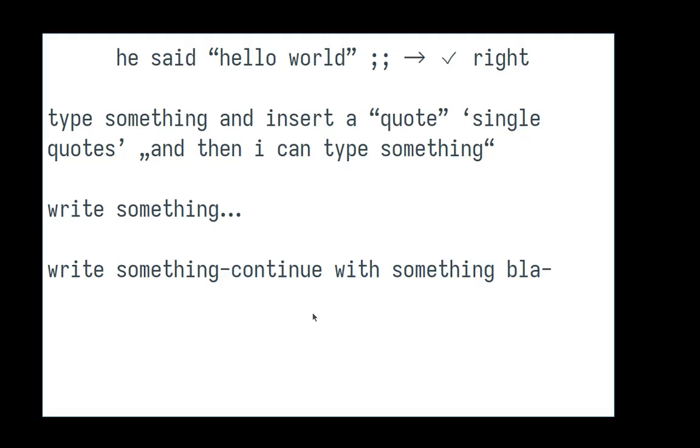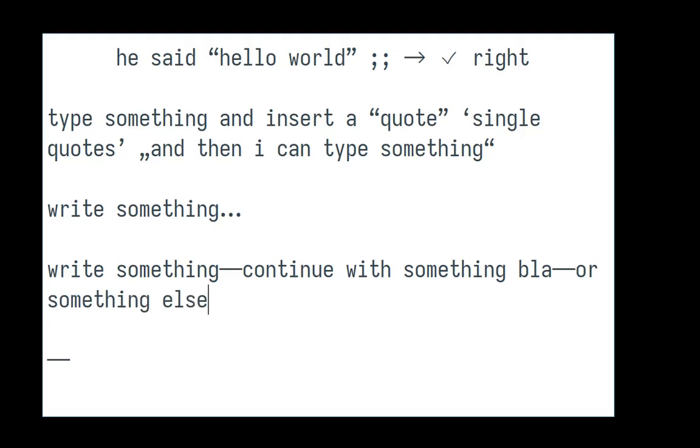And you can do this with typopunkt by just typing the hyphen repeatedly. Maybe you can see that, but if I type 1 hyphen, it's a hyphen. If I type 2 hyphens, it's an en dash, and if I type 3 hyphens, it's an em dash. So if I type 3 hyphens here, that's correct, typographically speaking, or something else like that.